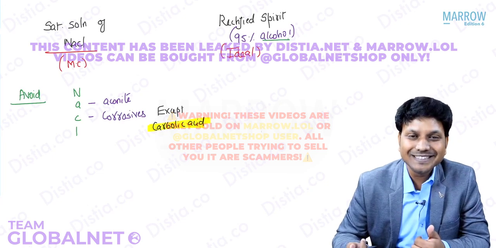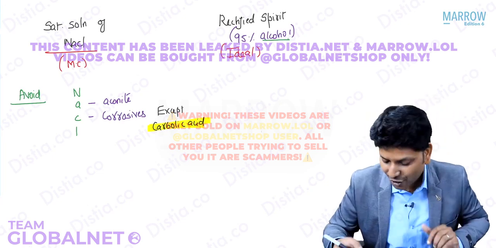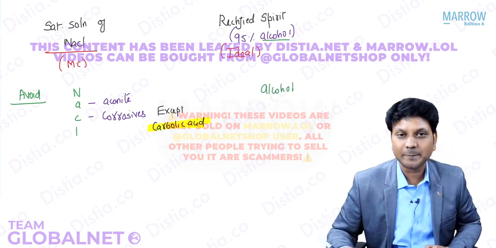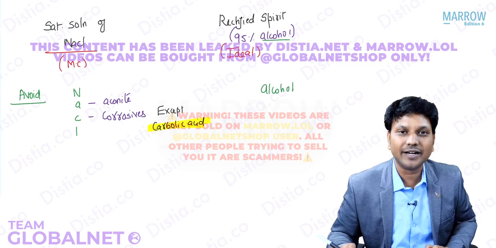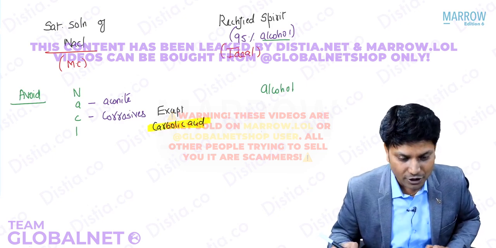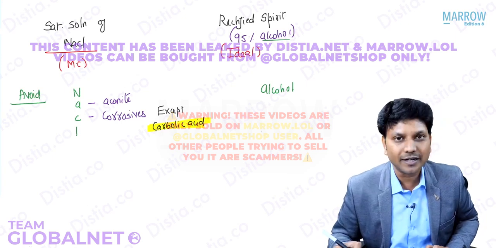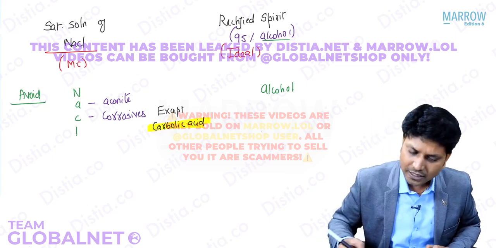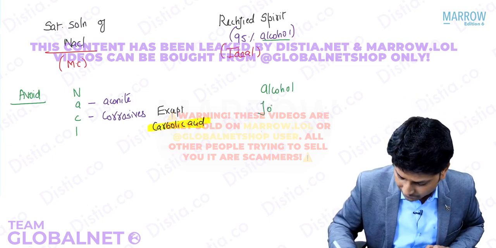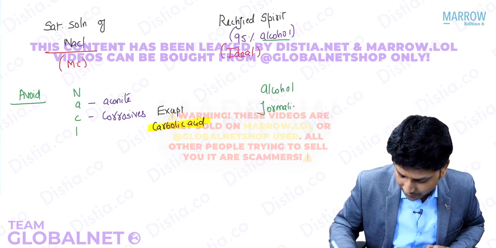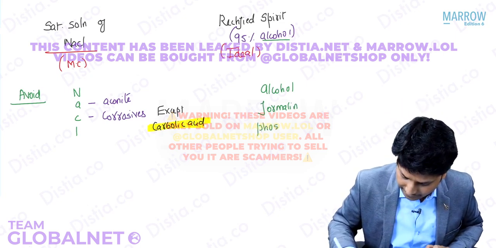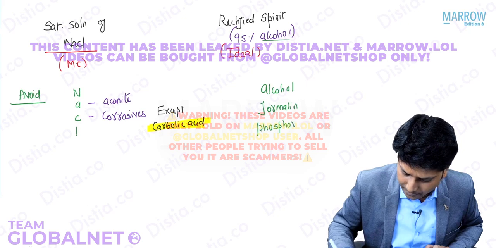If you use rectified spirit in a case of alcohol detection, obviously it will give you a false positive reaction. So you will not use rectified spirit if you want to detect alcohol. Not only that, you will not use rectified spirit if you want to detect formalin, or if you want to detect phosphorus, because phosphorus has some luminescent property.